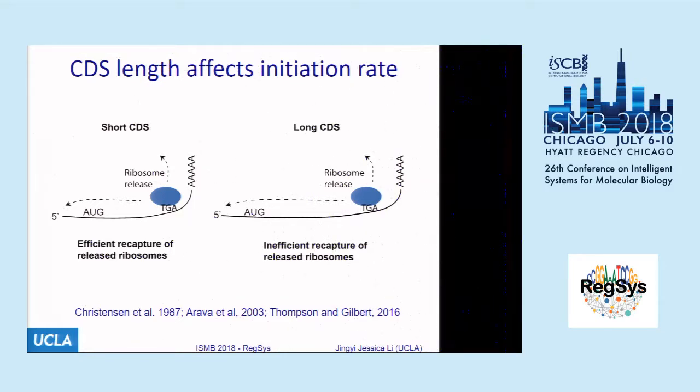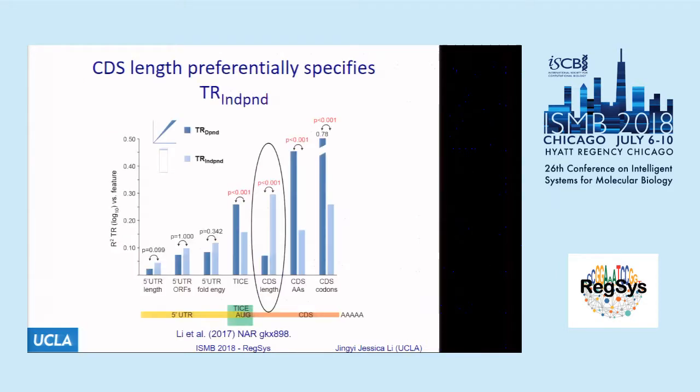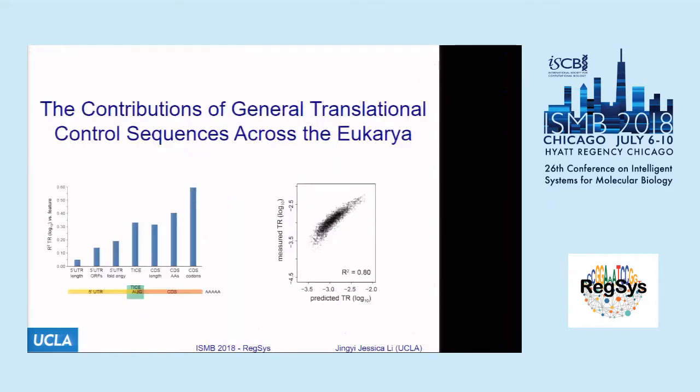So for short genes, because of the short length, the ribosome will be more easily attracted back to the 5' cap and reinitiate the translation. And this process has nothing to do with the number of copies of mRNA. So this agrees with our result that this feature explains the independent component better than the dependent component.